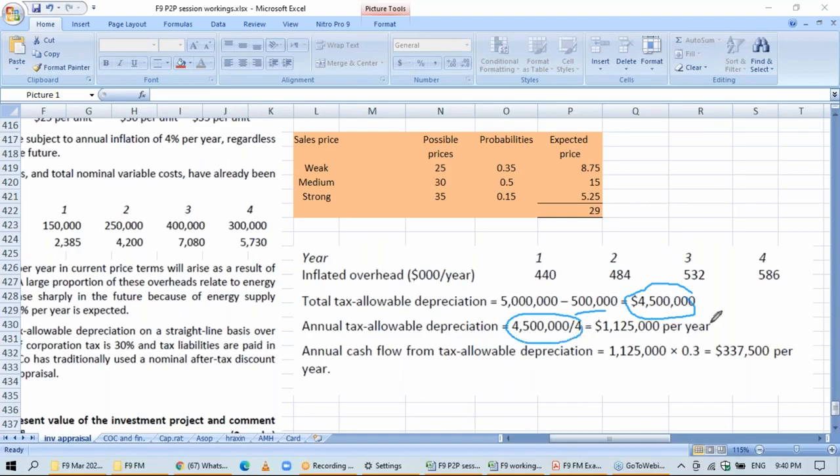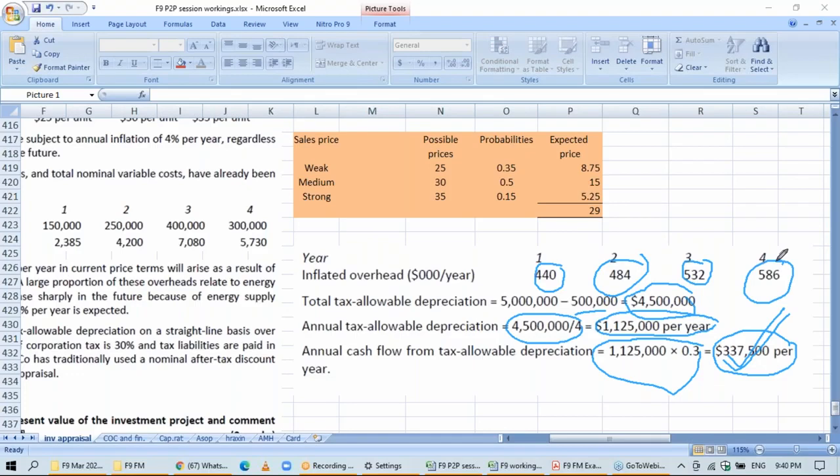So 4.5 million minus the residual value, divided by 4, will give you 1,125,000 tax depreciation. Deducting this 1,125,000 from the taxable income will make you save 30%, which makes 337,500 per annum. So this will be the tax saving per annum, right? And the factory overheads inflated at 4% are this much. So these figures will be used in the question.